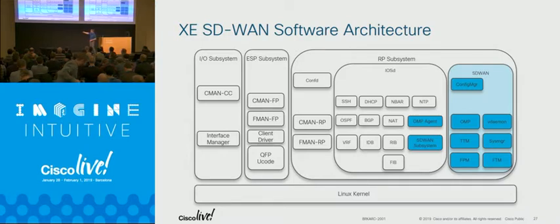Then those interfaces get propagated into the SD-WAN so that the SD-WAN stack knows, okay, I'm going to use this interface as my underlay for the WAN transport, and the other interface is my LAN-facing interface. So the SD-WAN subsystem is going to synchronize the information in between.